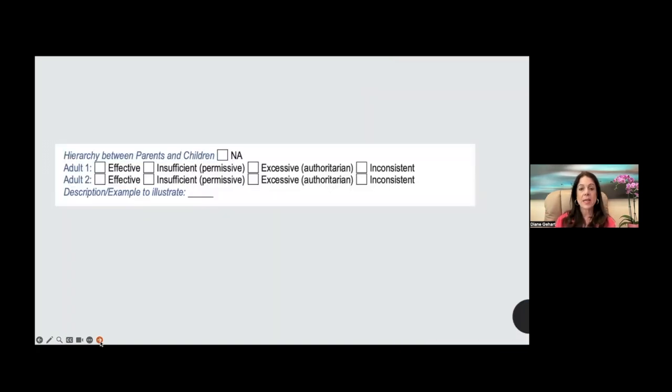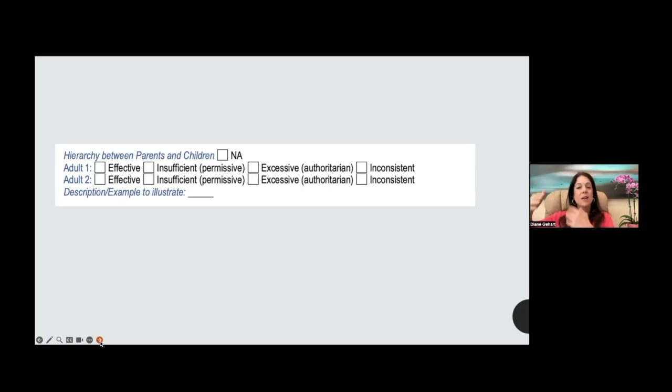So again, you have effective, insufficient, and excessive. Authoritarian patterns are inconsistent, where you flip-flop, especially between permissive and authoritarian. That's a really common one, and that is really not a good one. It's a great place to start. I see this a lot too: a client is permissive, permissive, permissive, something happens and boom, they become authoritarian, and get super harsh.